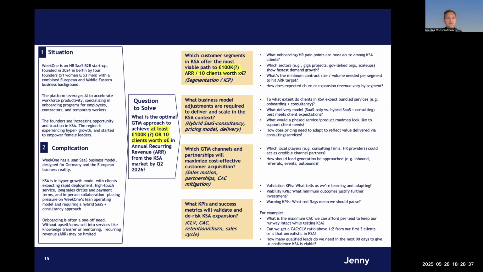But if you just stick to the question as it is right now, it's not requiring solving the business model problem. And then the fourth one, the success metrics that will validate and de-risk the KSA expansion, I'm sure it's useful to know, but we don't need to solve this in order to solve the GTM question. So again, there's a disconnect. It connects to the complication, but not to the question.